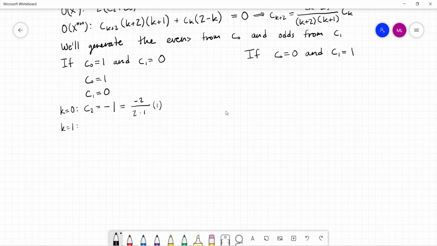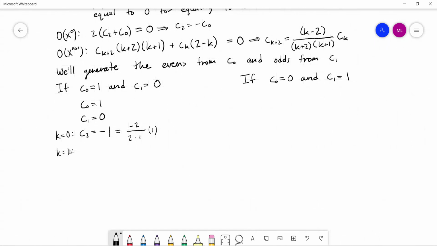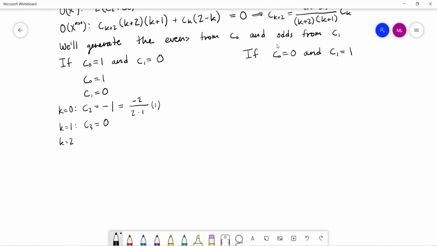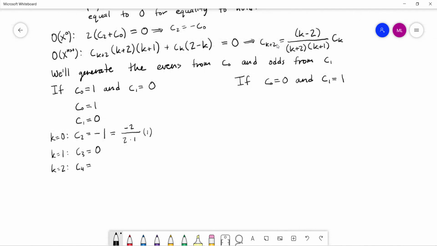Now we'll look at the K equals 1 case. The K equals 1 case is very easy because when K is equal to 1, C sub 1, we already know that C sub 1 is 0. So if I've got a 0 here, it's going to generate a 0 over here. 0 times, it doesn't matter what this coefficient is, C sub 3 is also going to be 0. So let's go to the K equals 2 case. This will give us C sub 4. C sub 4 comes by plugging in C sub 2 over here, but we already have C sub 2 is negative 1.